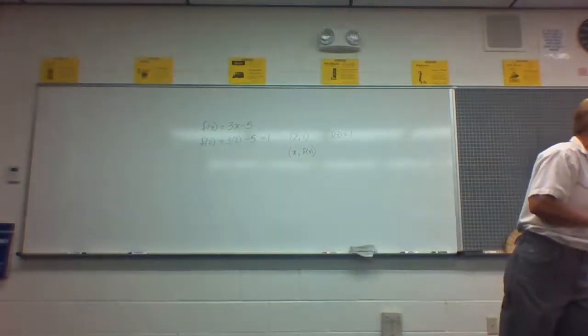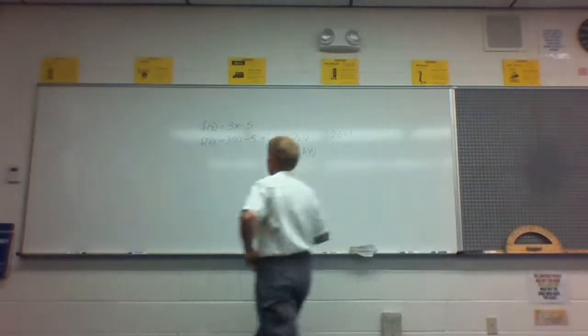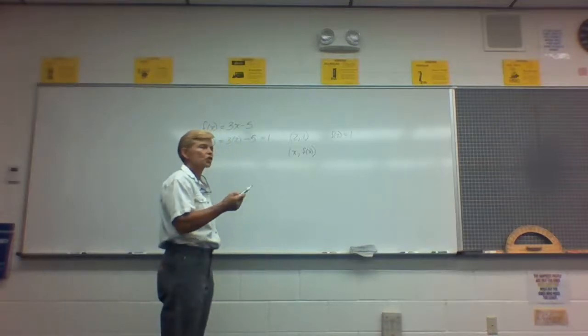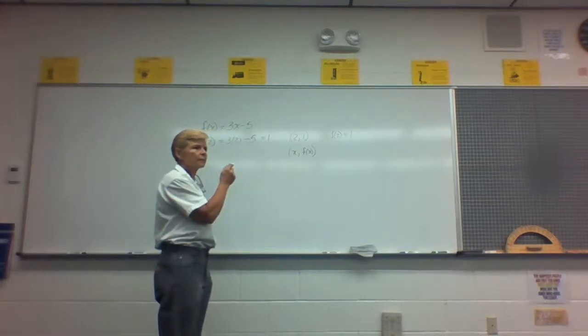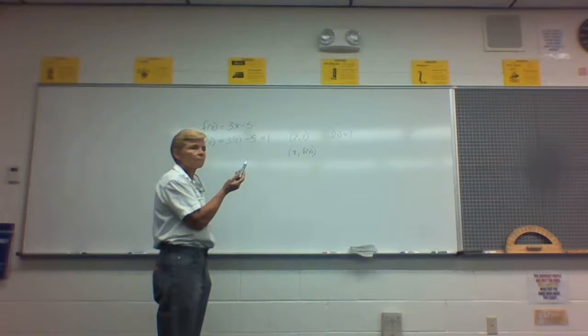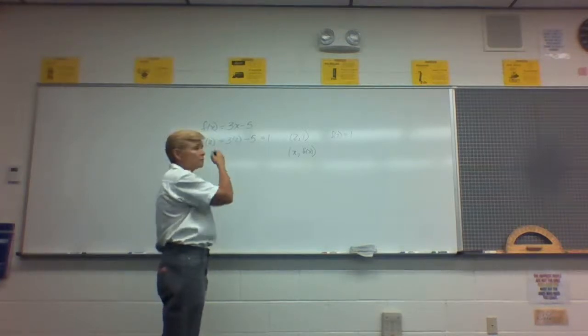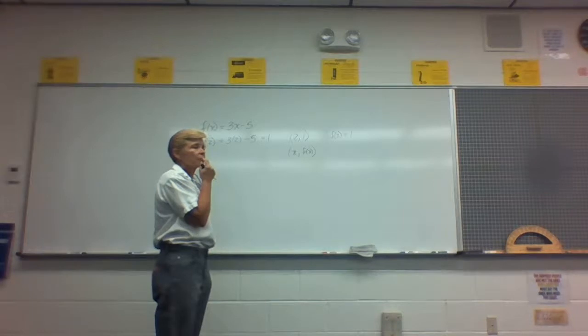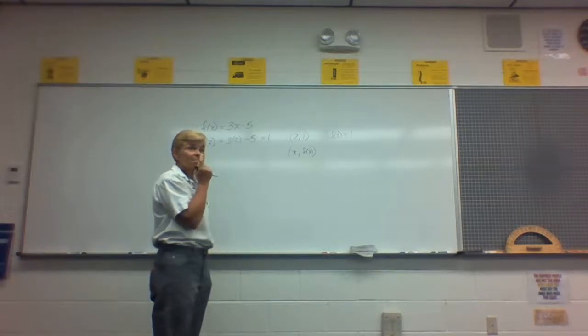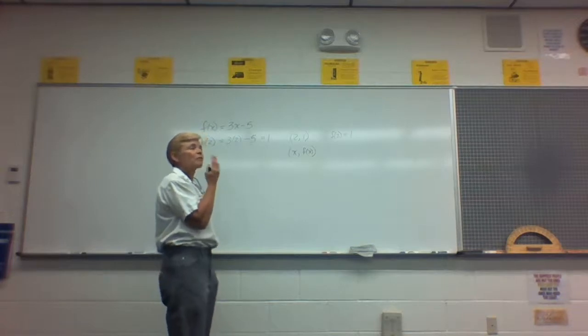Okay, so let's try another one. Let's try to find f of negative 3/4. Does x equal negative 3/4 show up on this line? If x is negative 3/4, will it go with a y value on this line? Yes. A line can go down or up. Okay, can you talk to me mathematically?